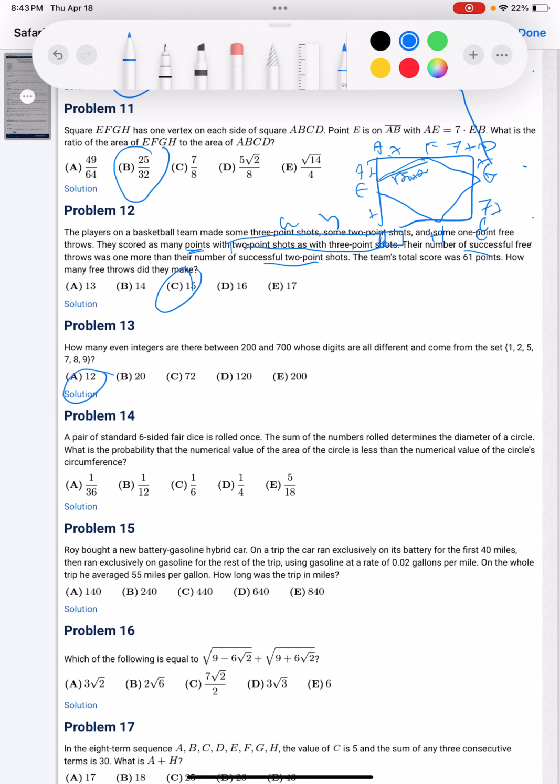I'm doing something wrong. The area is less than the circle's circumference. So like, when is a squared less than 2a? I guess a equals 2.